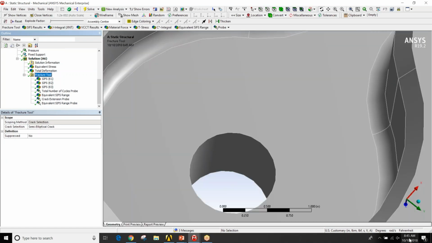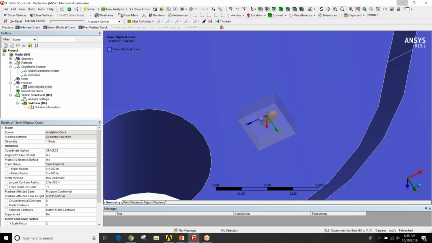So in the interest of time, I'm going to stop here, but this is really a deep topic. This is fracture mechanics.